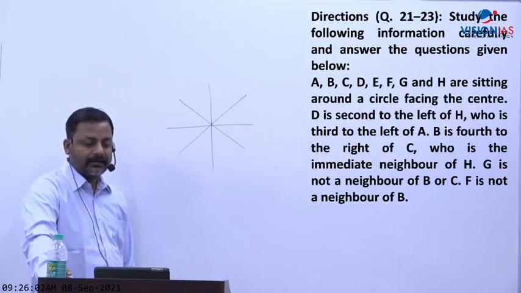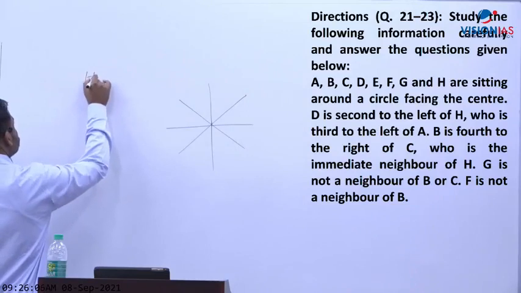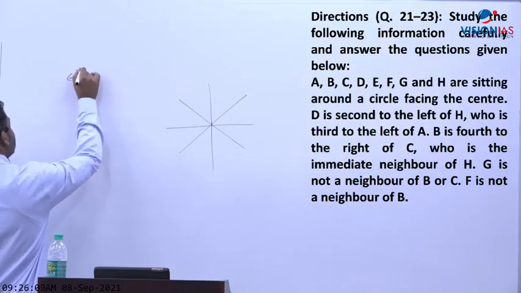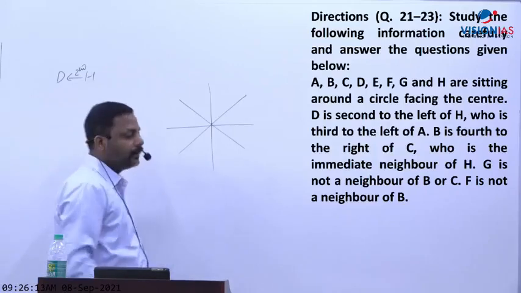So D is second to the left of H. So on the left hand side of H, at second place, D is there. Who is third to the left of A?